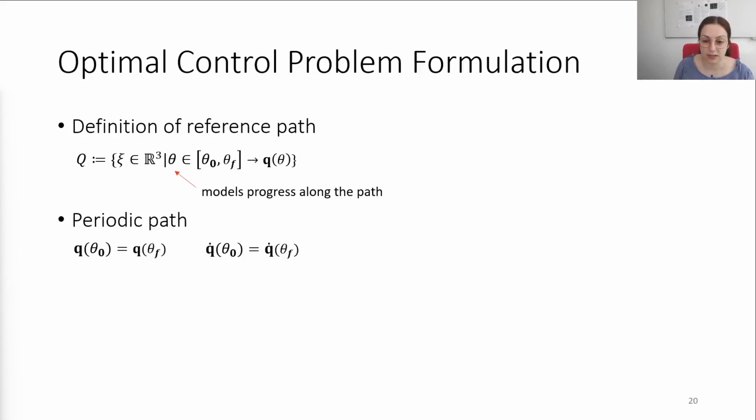To create the persistence of vision effect, we consider periodic paths, so we set the starting and end position and velocity to be the same. We assume that the particle follows the reference path Q exactly at all times, and we use a virtual function V to control the progress of the particle along Q. So we model this timing law as a double integrator in order to avoid large jumps in the acceleration.